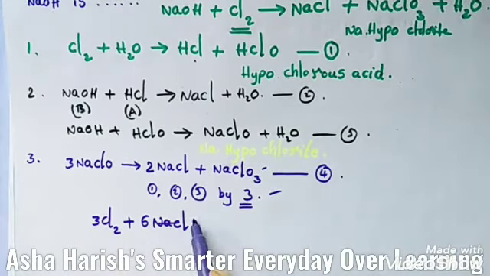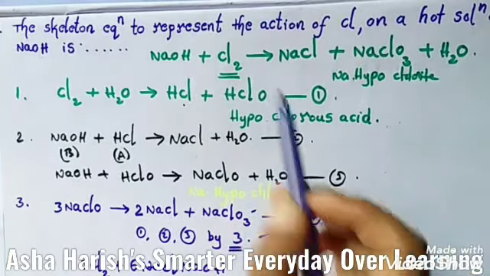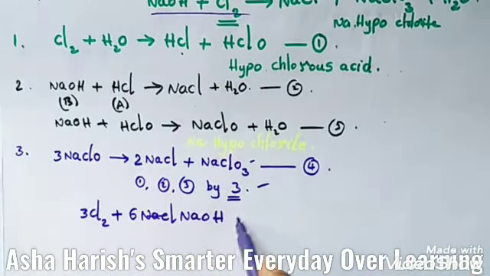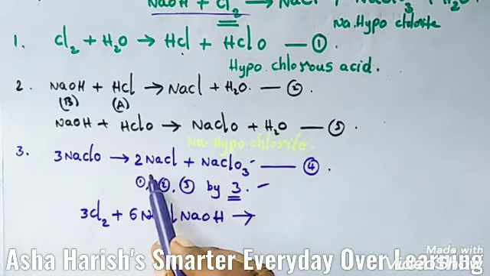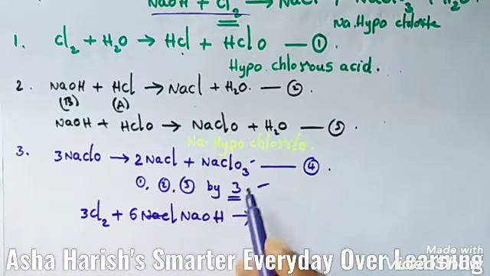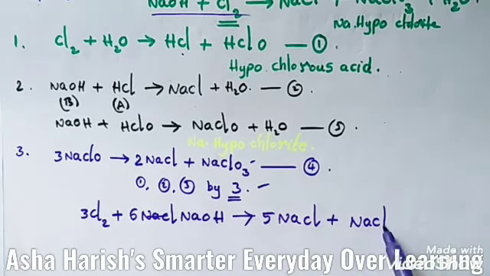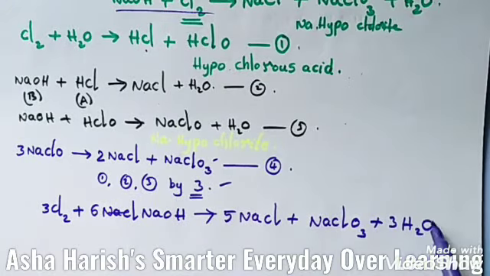Sorry, here it is NaOH, not NaCl, because you have to take the starting one. So the equation is 3Cl2 plus 6NaOH gives rise to 5NaCl plus NaClO3 plus 3H2O.